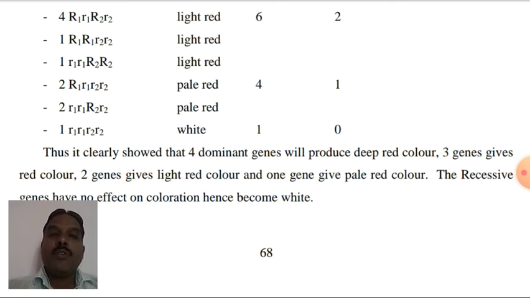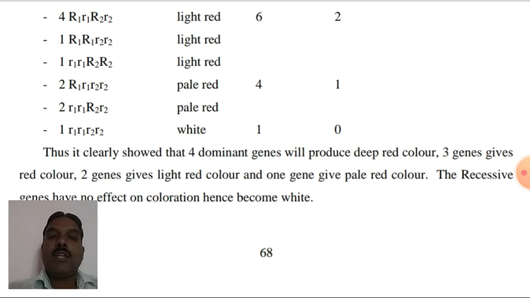Then the next 4 genotypes we can consider: 2 of capital R1, small r1, small r2, small r2, and again 2 of small r1, small r1, capital R2, small r2. Within these only one dominant gene is present, and these genotypes are 4. So the color effect will be pale red because of the one dominant gene.